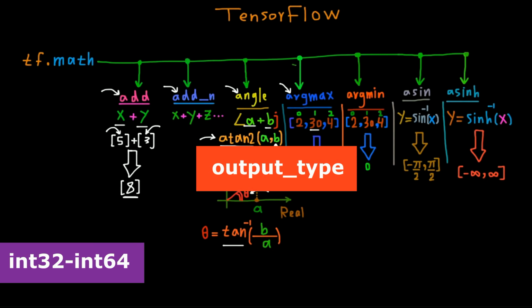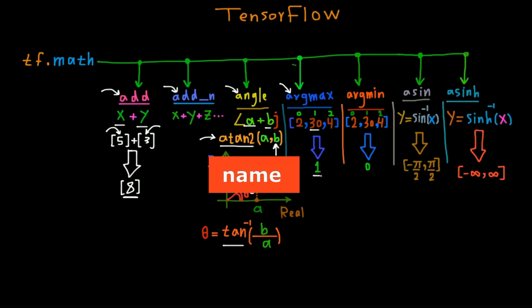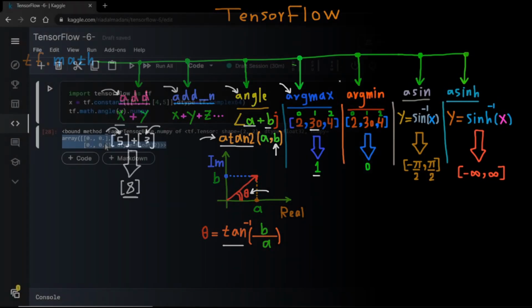Its default value is tf.int64. And the last argument, name, is the name of the operation. The last thing you should know is that the argmax function will return a tensor, and the type of this tensor is tf.int32 or tf.int64, depending on the output_type argument.